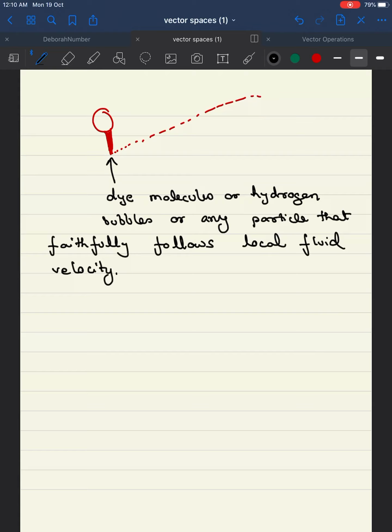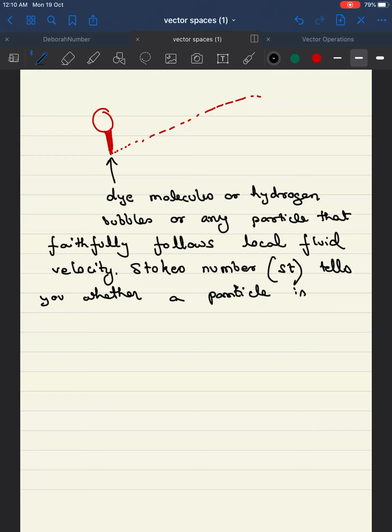So how do you know whether a particle can follow the local fluid velocity? Well, there is actually a number called the Stokes number. Okay, so we will not go into it right now. Maybe later we might encounter it. Stokes number tells you whether a particle is following local velocity well.